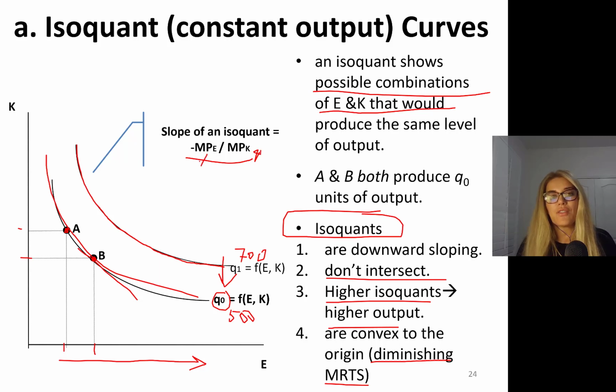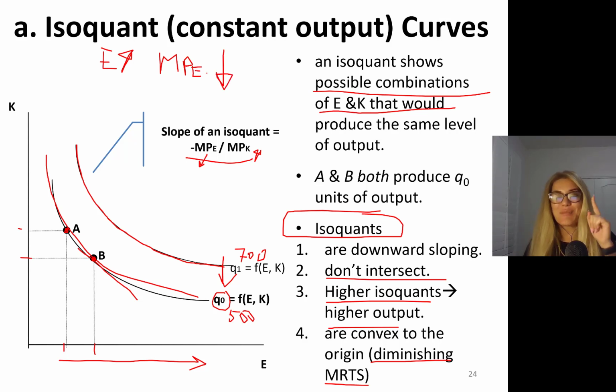Both effects will cause the slope to get flatter. As you keep hiring more and more labor, the marginal product of labor after a point is going to go down. This is called diminishing marginal product of labor. We talked about this. This is part 1. So these are the properties of the isoquants.